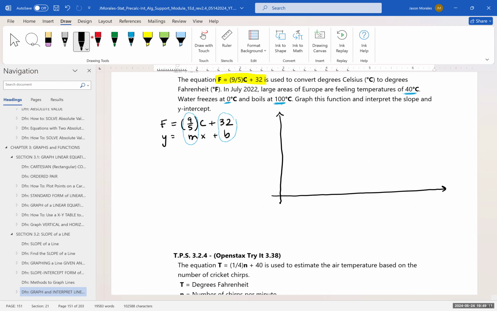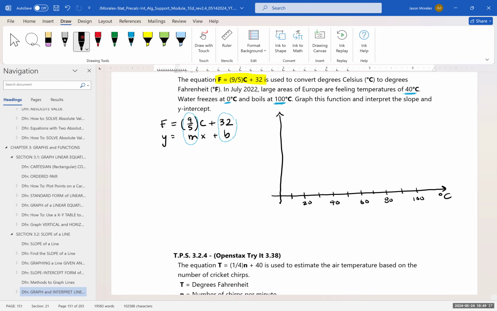So let's try and sketch this here. So I'm going to do 10, 20, 30, 40, 50, 60, doing my best to keep these evenly spaced. 70, 80, 90, 100. And so this axis is going to be degrees centigrade.